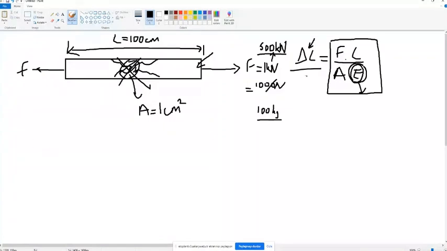But for the computer, using this equation, maybe you will get the result for delta L, maybe 10,000 centimeters, for example. The computer will calculate it. It does not have any idea what is going to be. That idea should be inside of your brain.